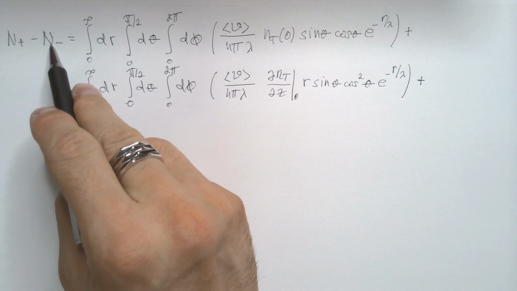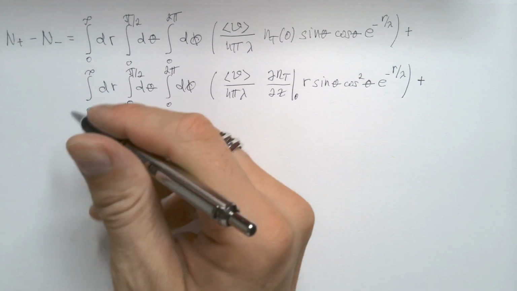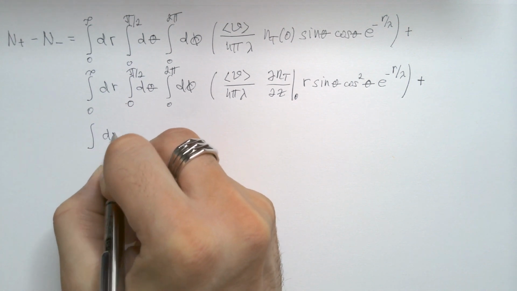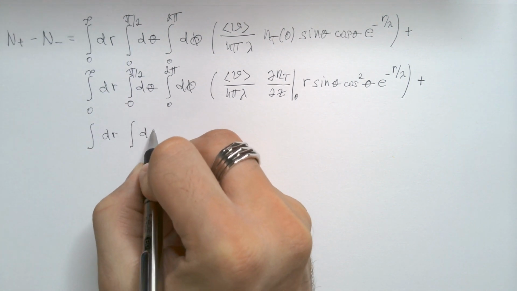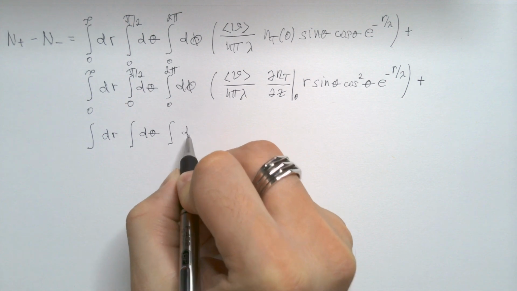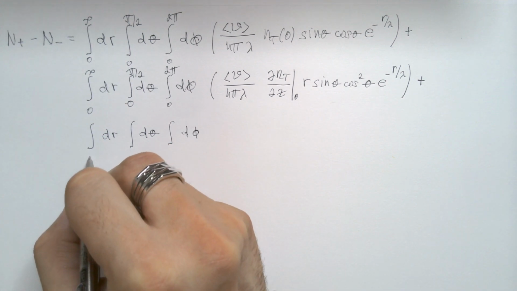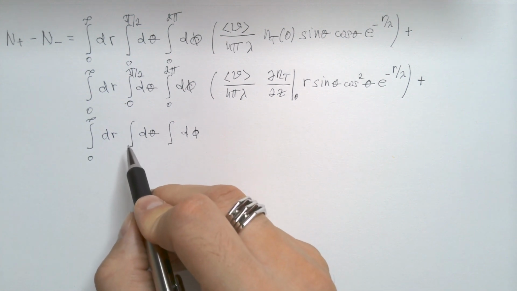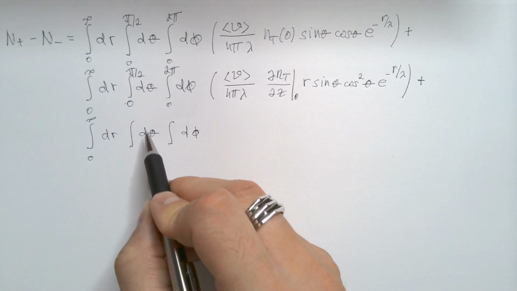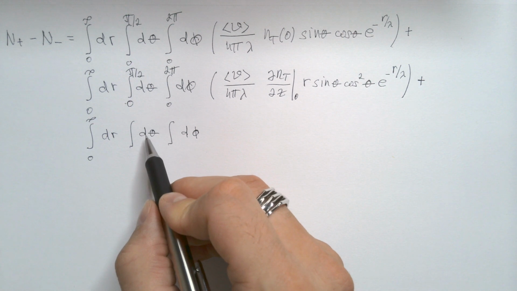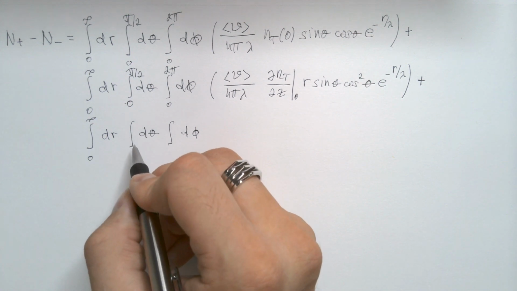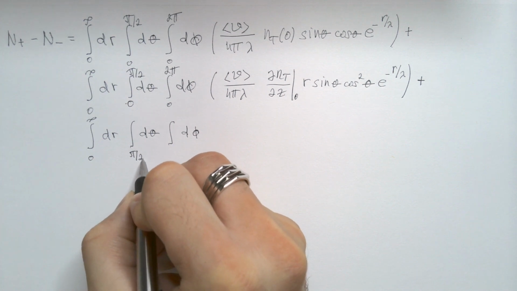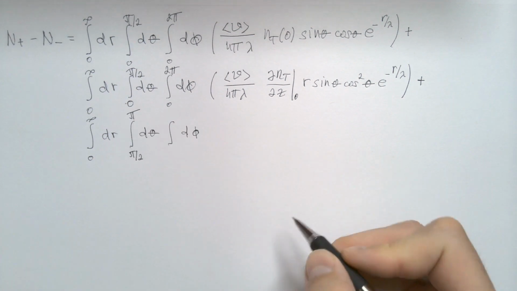I will have the first term associated with n negative, and that will be again integral dr, integral d theta, integral d phi. R, as always, goes from 0 to infinity. Here we have to be careful now. Theta, I'm going to the southern hemisphere in my figure, which means theta is going from pi over 2 to pi.